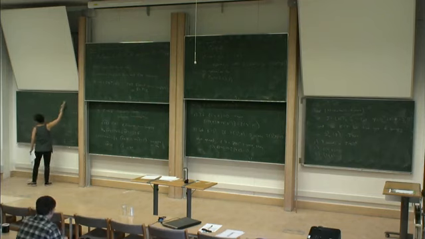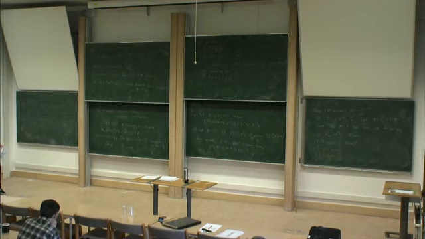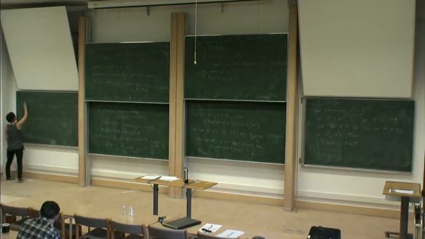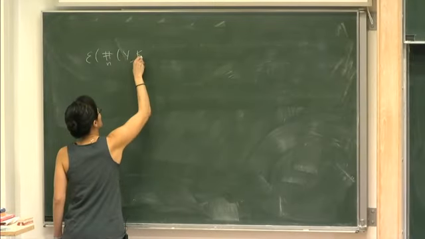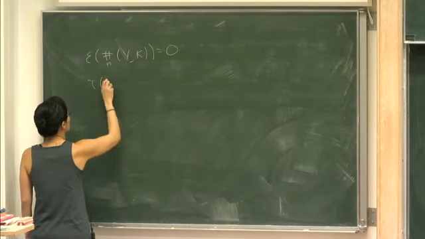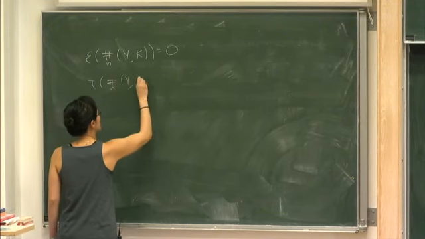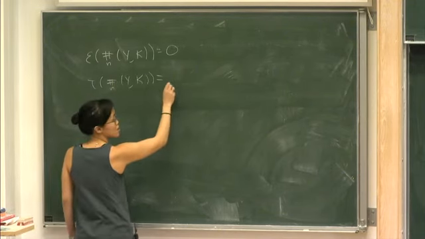Because we know this knot K is going to generate that Z subgroup, because we know how tau and epsilon behave under connected sum. So epsilon of n copies of this will still be 0, while tau of n copies of this will be -n.